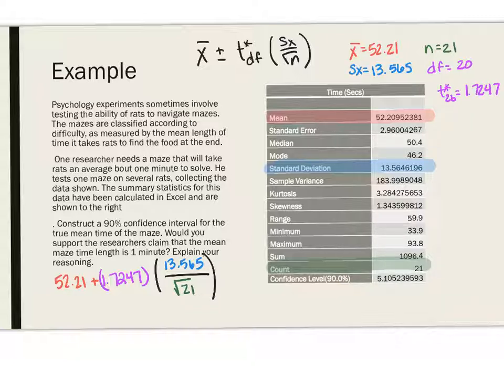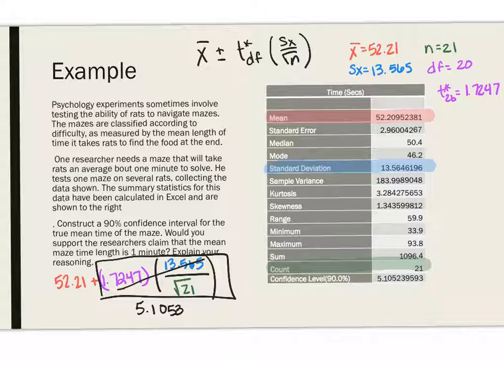And so let's go ahead and calculate these values. So again, we do this margin of error part first. So 1.7247 times 13.565 divided by the square root of 21 gives me this number, 5.1053. So we'll stop there.